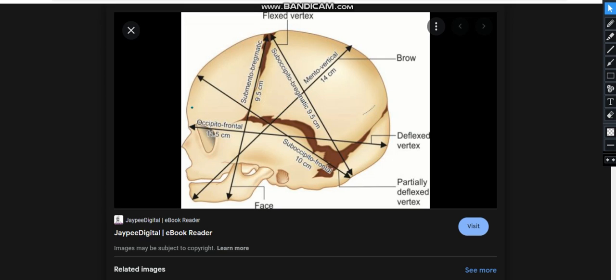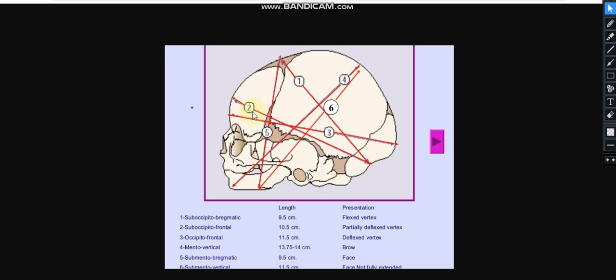So as a test, the 5 and the 1 having the bregma in their name will be 9.5.